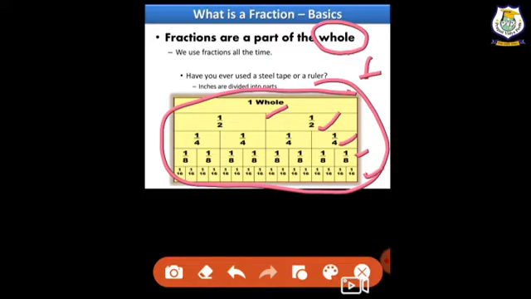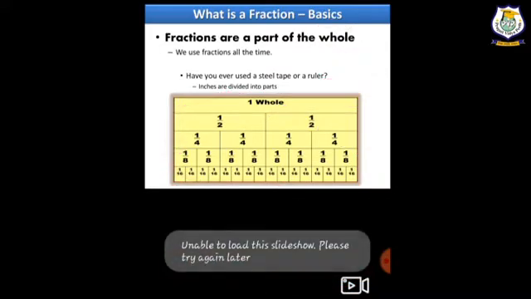What does it mean? It means the first line indicates the whole, the second line indicates the half, the third line indicates the quarter, the fourth line indicates the eighth, and the fifth line indicates the sixteenth, right? That is the basic of fractions.